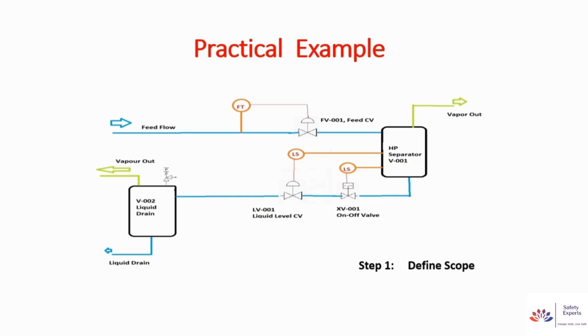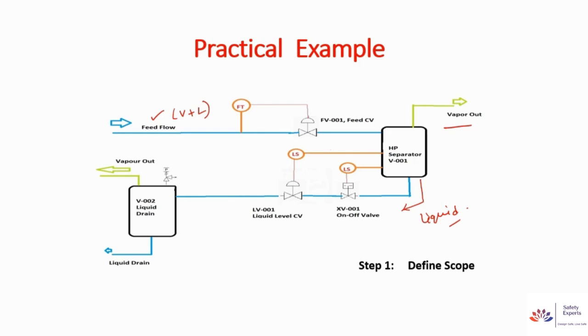So the HP separator separates the liquid and the vapor. The feed that is coming here is a mix of vapor plus liquid. As this goes into the HP separator, from the bottom the liquid gets separated, and from the top the vapor goes out.